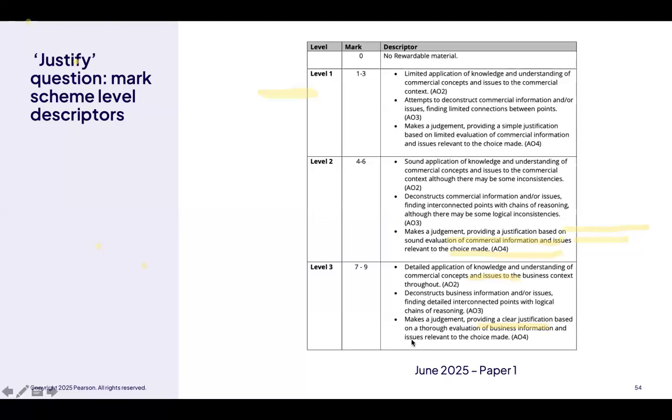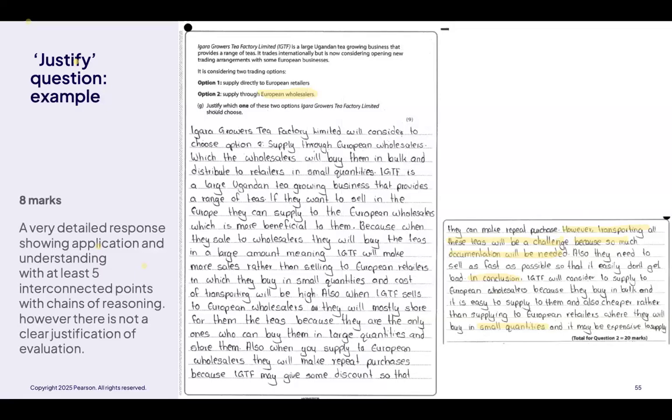Look at the level 3 descriptor for evaluation, makes a judgment, clear justification based on a thorough evaluation. It doesn't feel like it's level 3, does it? And in actual fact, the examiners gave that 8 marks. It's level 3. A very detailed response showing application, understanding of at least 5 interconnected points, chains of reasoning.